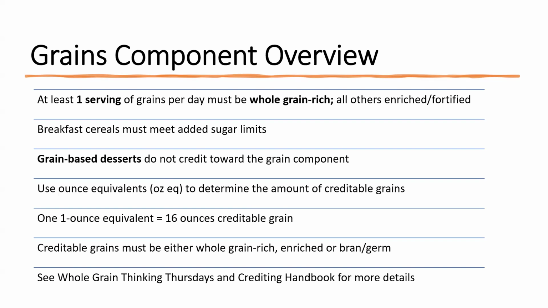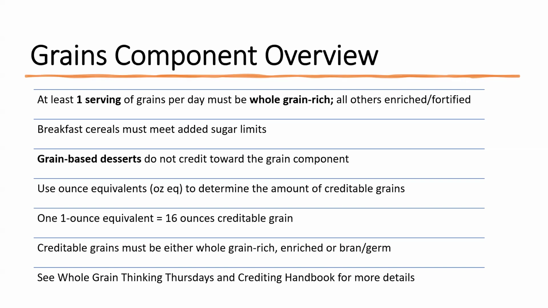Grain-based desserts absolutely do not credit towards the grain component or any component. Using the ounce equivalent to determine the amount of credible grains is one way to determine if the grain is credible towards the 1 ounce equivalent. Now, to be credible, they either must be whole grain, enriched, or include bran or germ.